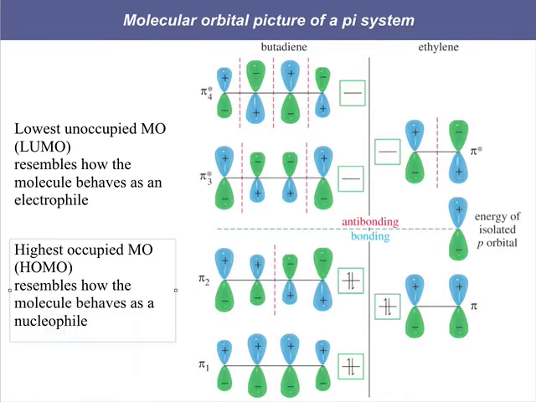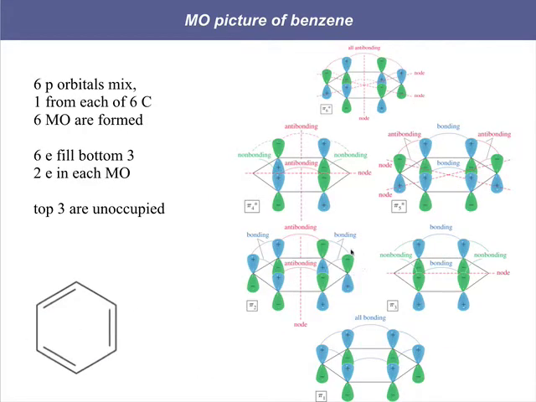For benzene, we end up with that same picture. We end up with all of our electrons, all 6 of our electrons, in these bottom 3 orbitals, and no electrons in the top 3. So as a result of mixing these orbitals, all of the electrons get to go down in energy. They all get to exist in the bottom half of this diagram. That's the picture of benzene.